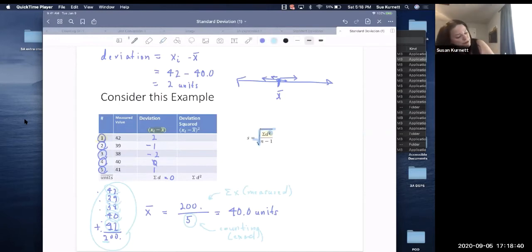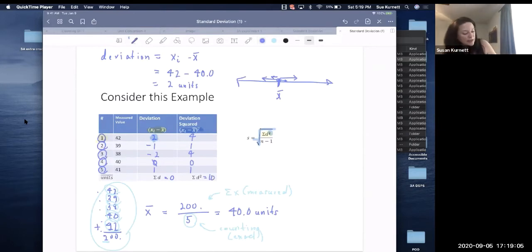2 squared, so I'm figuring out what this number is squared. 2 squared is 4. Whoops. Negative 1 squared is 1. And then I'm going to add those all together. 4 plus 1 plus 4 plus 1, that's 10.